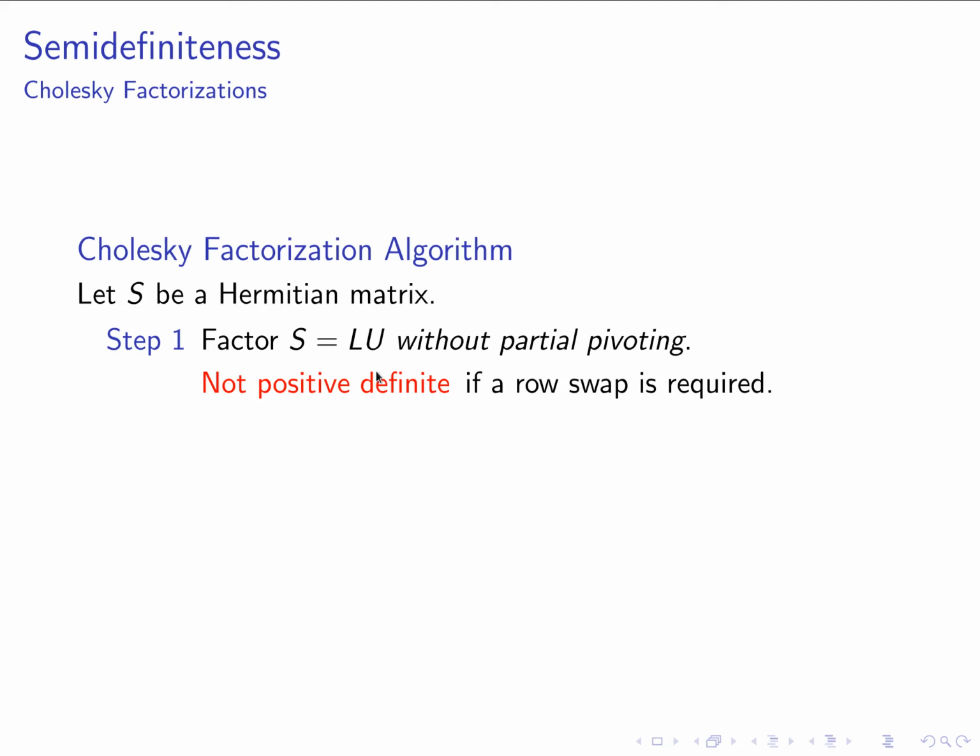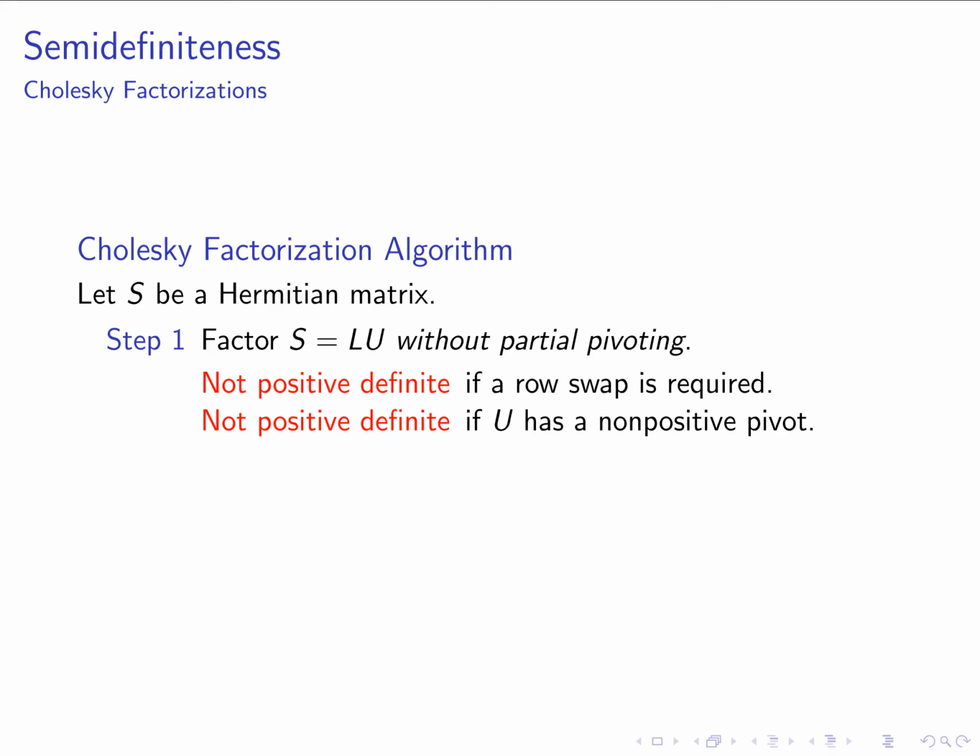Now, if at any moment in our algorithm we require a row swap, we can immediately conclude that our matrix is not positive definite. Also, if at any moment we encounter a pivot in U that is not positive, we can terminate the algorithm and conclude that the matrix is not positive definite.